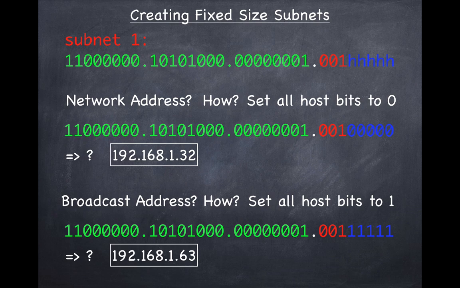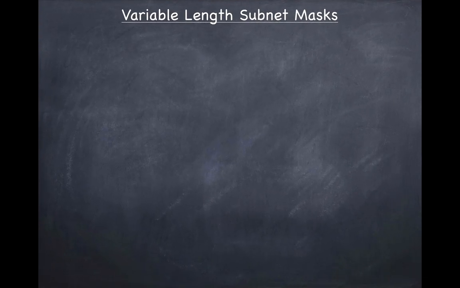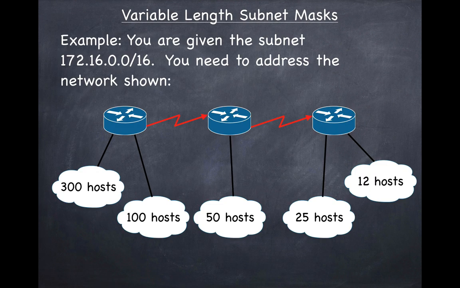The next thing we did is we talked about variable length subnets, and an example of that would look like this. You're given this Class B network 172.16.0.0/16, and you need to address all the networks shown. Now, one of the first things I would ask my students is how many networks do we need?